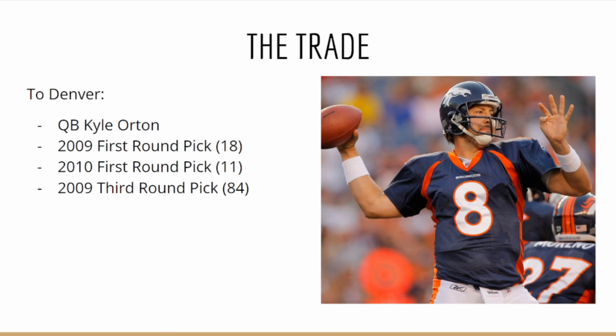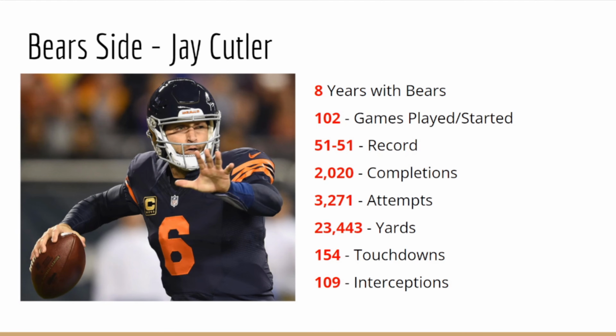Now, let's start off with the Bears side because this side is actually pretty quick. They got quarterback Jay Cutler. He was there 8 years with the Bears before signing a 1-year deal in Miami to finish out his career in 2017. And in those 8 years, he had 102 games started and played.